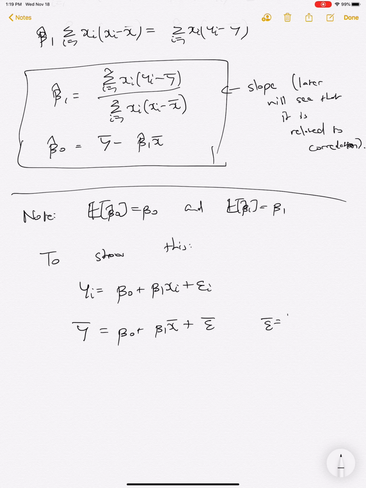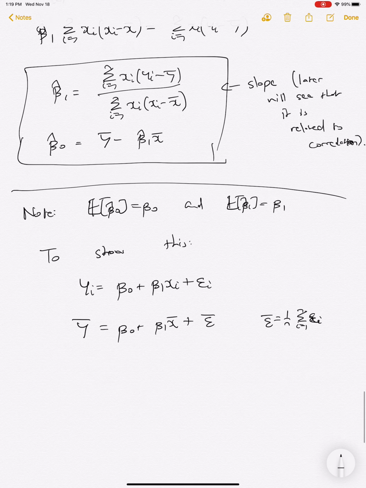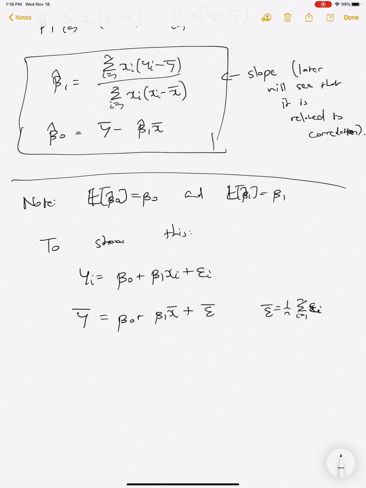Epsilon bar here is just 1 over n times the sum, just this average. Therefore, the expectation of yi is just beta 0 plus beta 1 xi, and the expectation of y bar is equal to beta 0 plus beta 1 x bar.